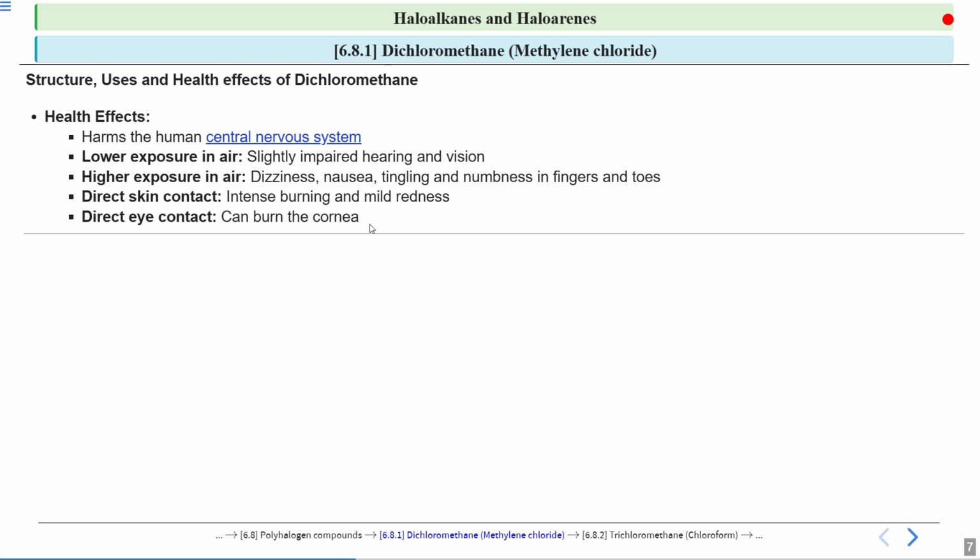So vision will be permanently impaired, or you can say destroyed. So dichloromethane, a polyhalogen compound, has a lot of bad health effects. It can make you blind; it can burn your cornea if it comes directly in contact with your eyes.